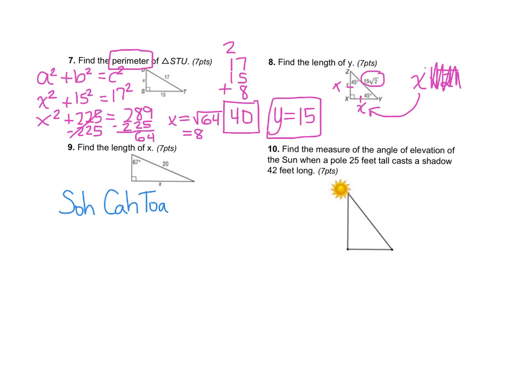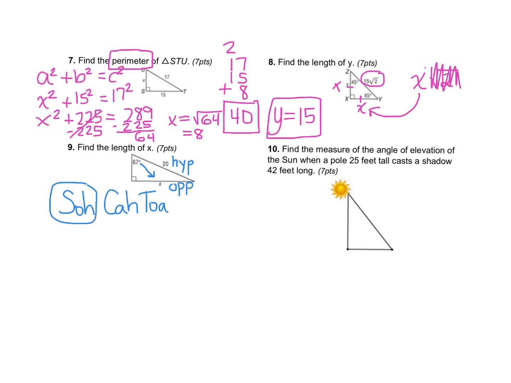So here, if I'm referencing the angle 67, I have the opposite side to be x, what I'm solving for, and I have the side that's opposite from the 90-degree angle. So this is my hypotenuse. So in which of these trig functions, sine, cosine, tangent, do we have the opposite and the hypotenuse?